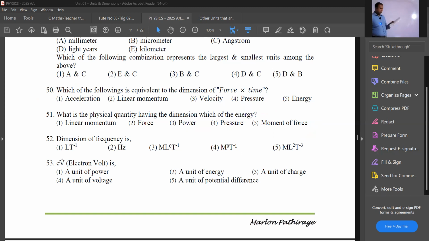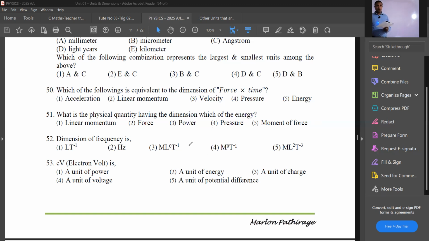Again, the dimension of frequency. What is the answer? Yes, answer number 4.